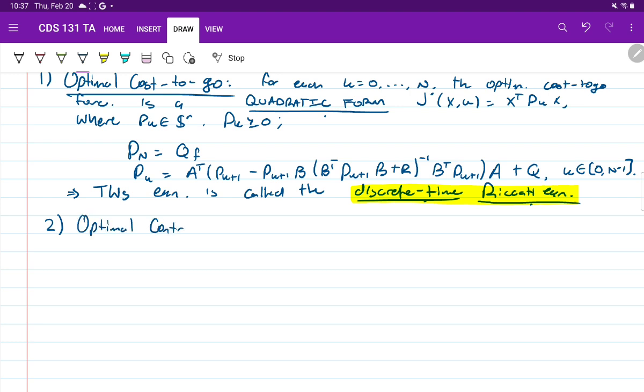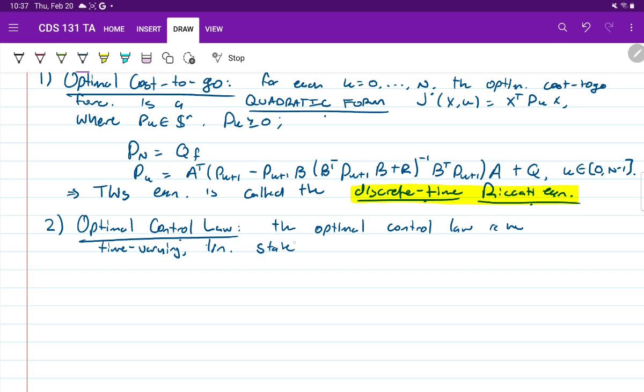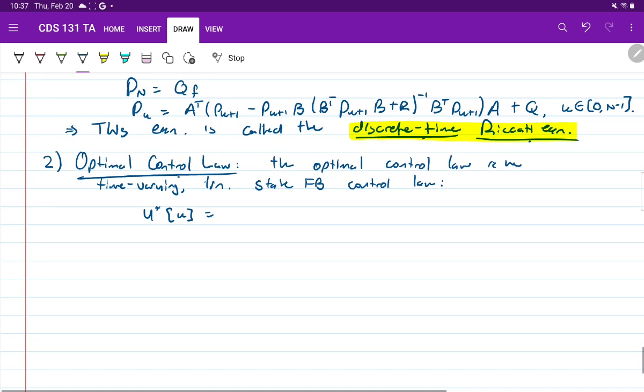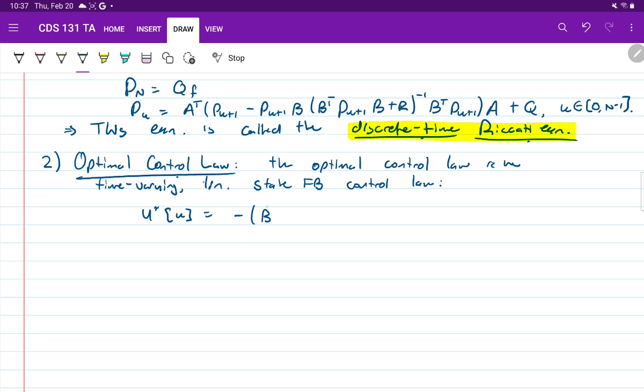So, the optimal control law is the time-varying linear state feedback control law, which is going to be u optimal at time k equals minus B transpose P at time k plus 1 times B plus R, all inverse, times B transpose P at time k plus 1 A times x, all right?